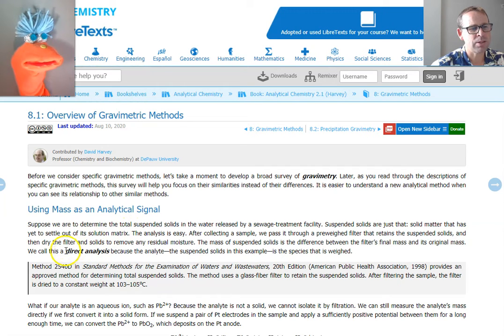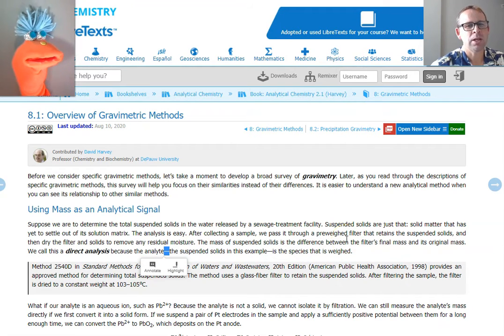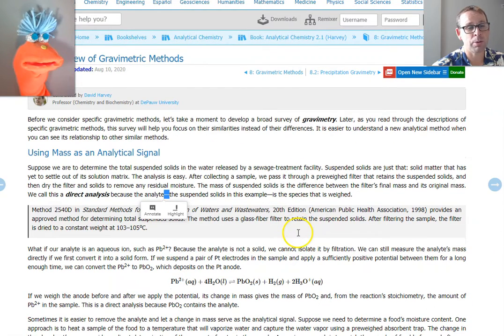This type of method is a direct analysis because the analyte is the species that is weighed. So that's nice. And remember, we talked a long time ago about how if you can get an analysis to be related to a change in mass, then that's a good thing because our scales are pretty good at being stable.